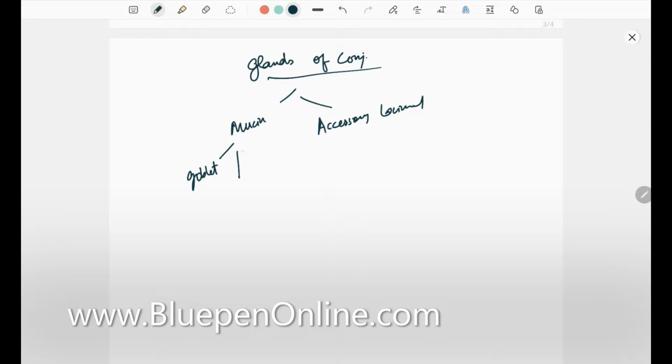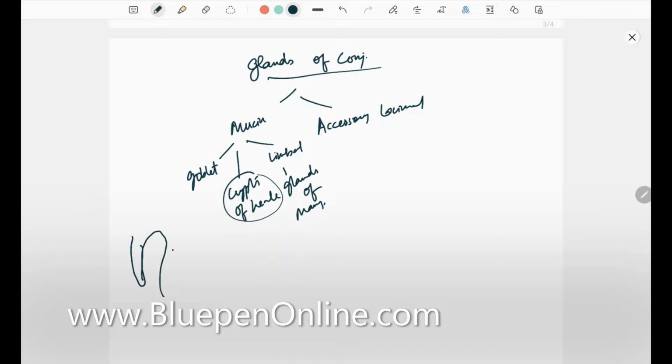Along with that, near the tarsus, that is the eyelid, we have crypts of Henle, and also at the limbal conjunctiva, we have the glands of Manz. Okay, at the tarsus we have the crypts of Henle. So if this is the tarsus and this is the anterior portion, over here we have the crypts of Henle like this, and near the limbal area we have the glands of Manz.